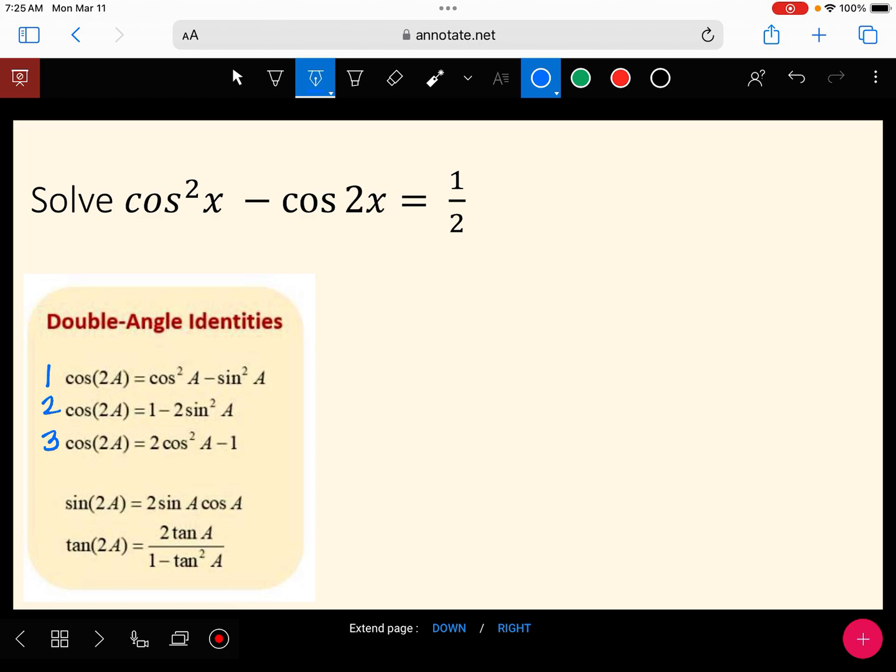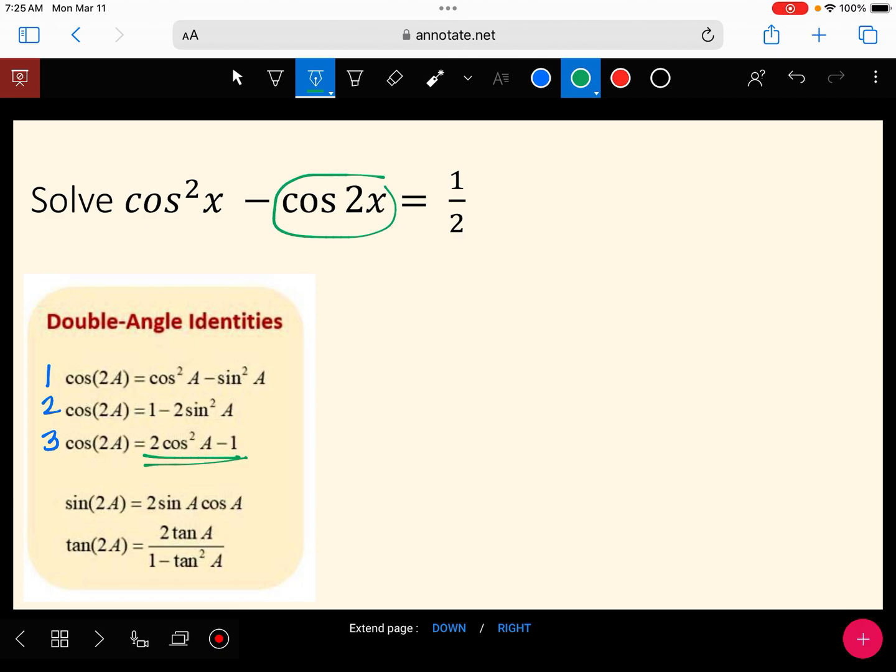If I'm looking at this one, I'm noticing I have a cosine. So why would I introduce sine if I don't have to? So we're going to stick with this one and just use the cosine. So in place of this, I'm going to put this.